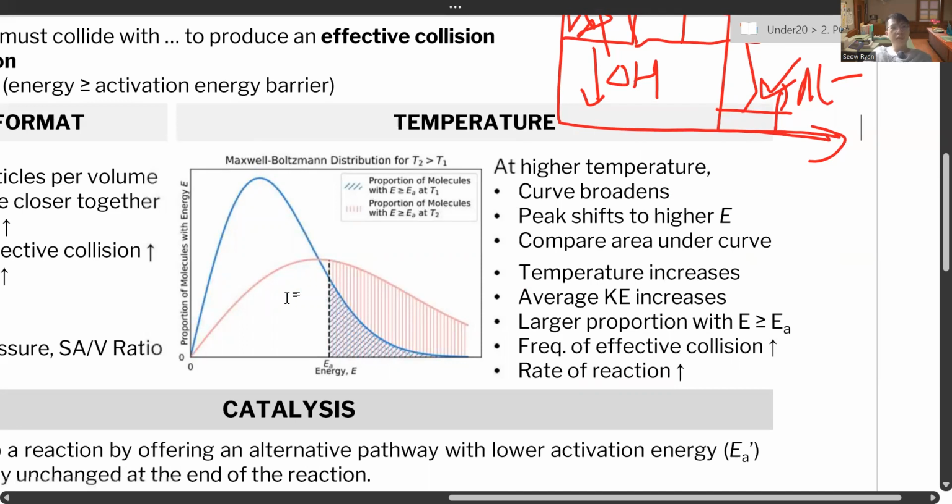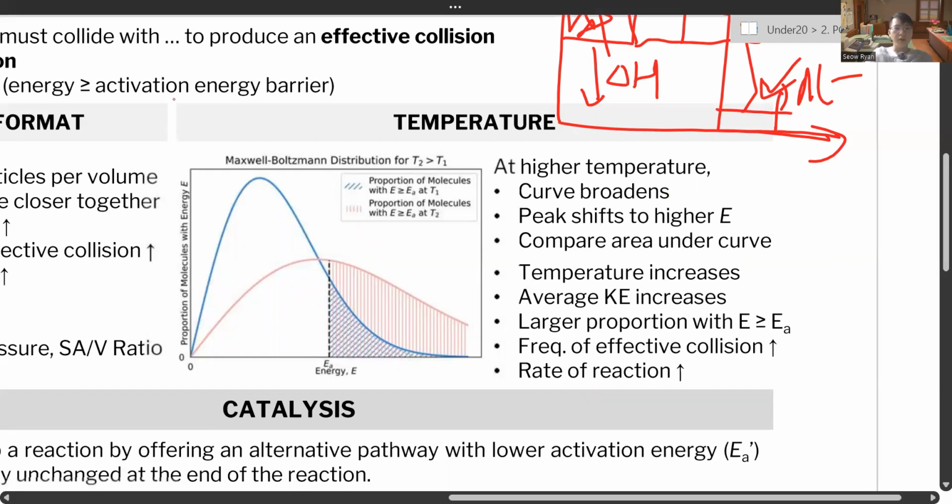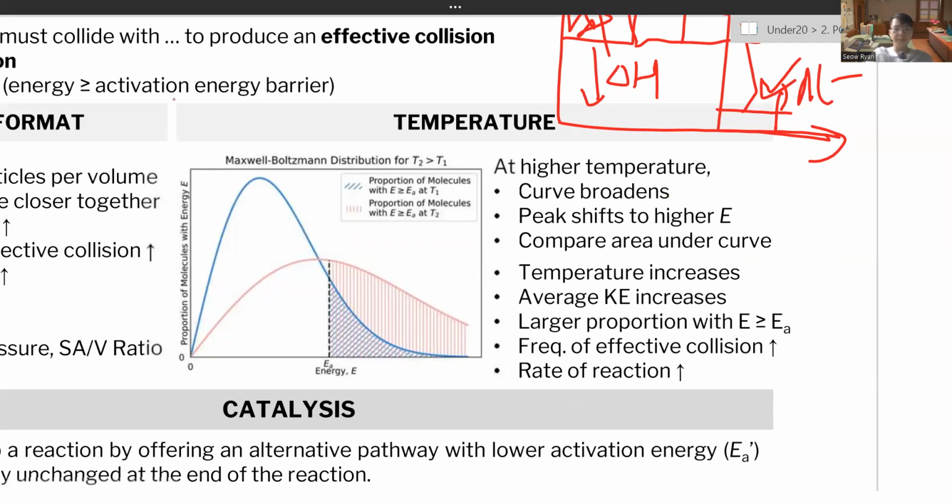At higher temperature, the curve will broaden and the peak will shift to a higher energy. The reason is that the area under the curve is always the same, because in the same system you have the same number of molecules, the same proportion of molecules.